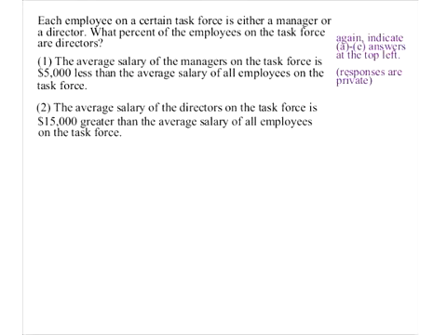One takeaway here, if you don't realize it, is that in a data sufficiency problem, this is the same thing as asking for the ratio of managers to directors, or for the fraction of directors, or for the percent, or whatever, because any of those you can get from any of the other ones.